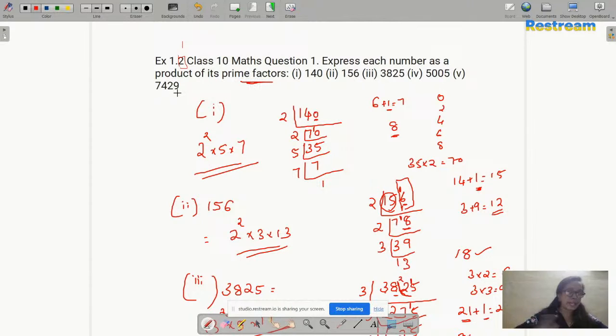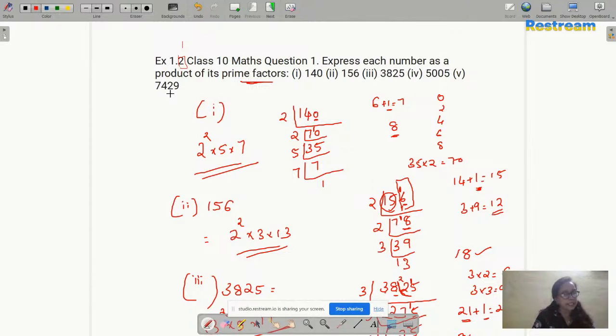If the ending number is 9, definitely we'll go for the 3 table and 7 table as well, right? You see, 7 sevens are 49, so 7 also can be there. That way you check. Okay, that's all.